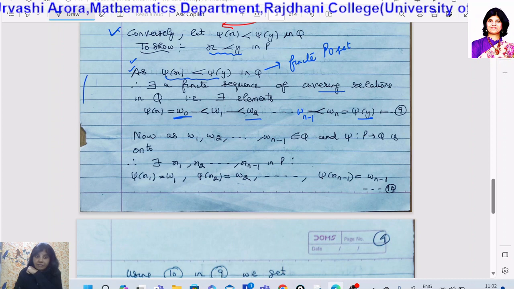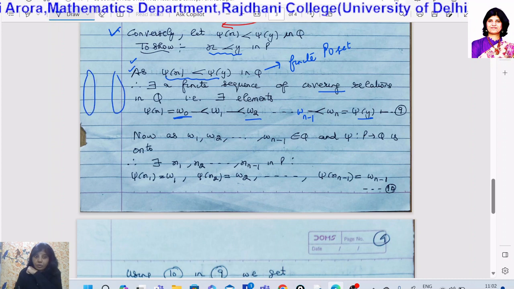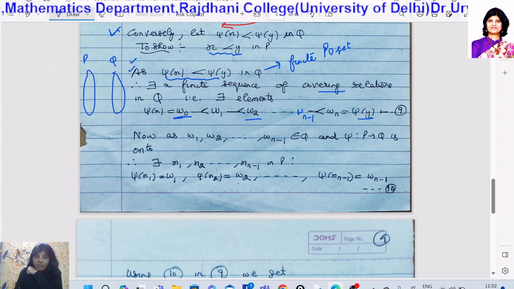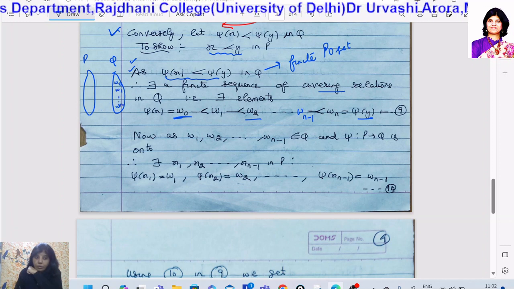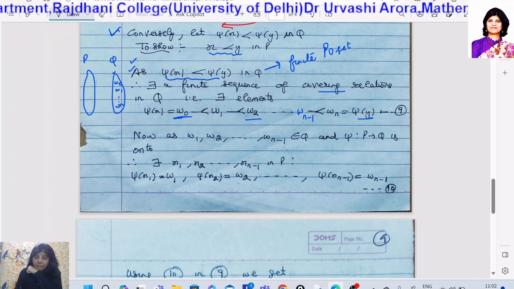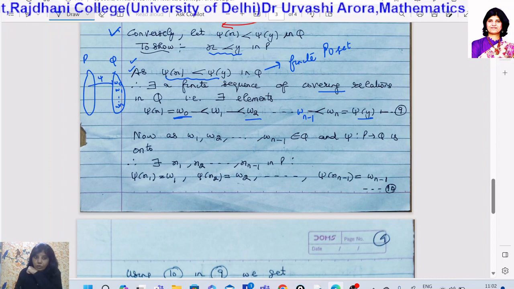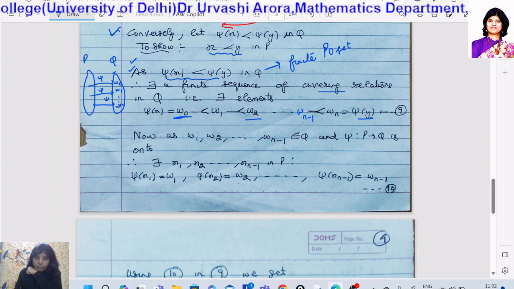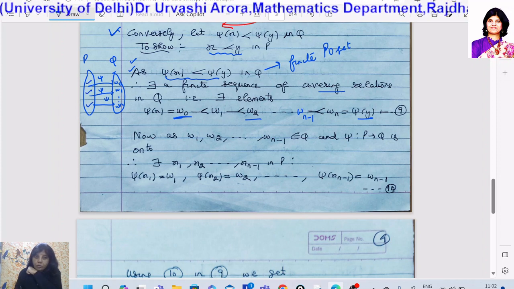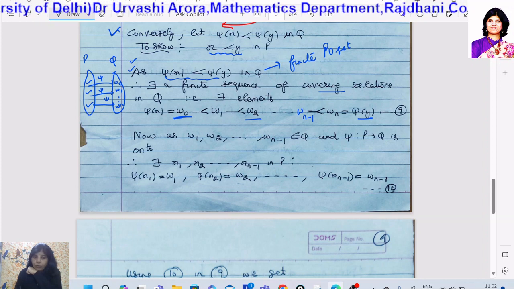As I said, we have two PO sets, P and Q, and you have W naught, W1, and so on till Wn, all elements over here. Psi is a map from P to Q, but it is onto, which means you should be able to find elements over here whose images are W naught, W1, and so on till Wn.